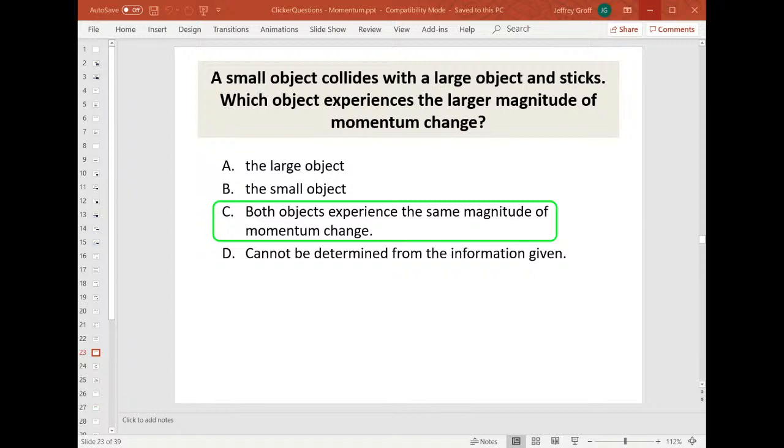Don't let the words throw you for a loop here. Momentum change is synonymous with what? Can you put it in the comments? What's another name for change in momentum? Here's a hint. This problem is a lot like the conceptual questions about interactions governed by Newton's third law, action-reaction force pairs, and that's not a coincidence.